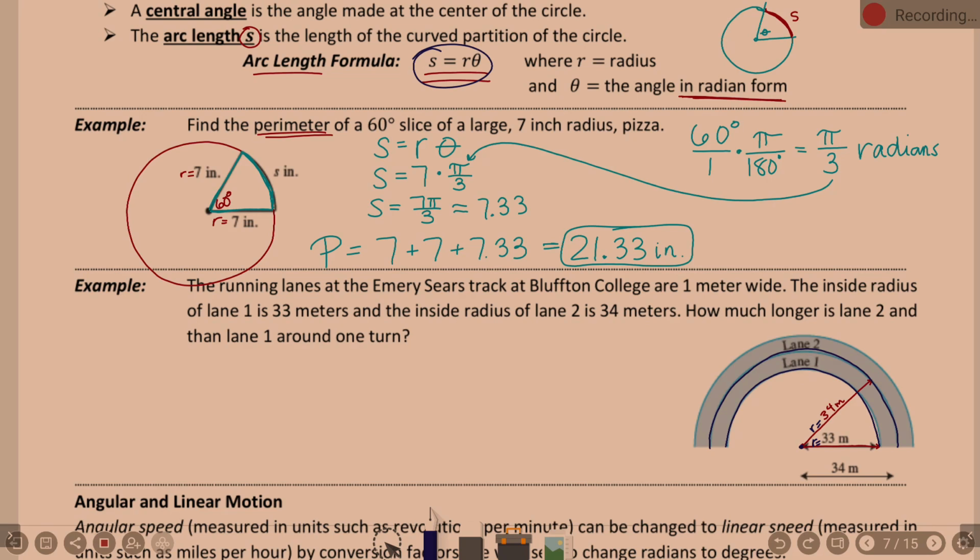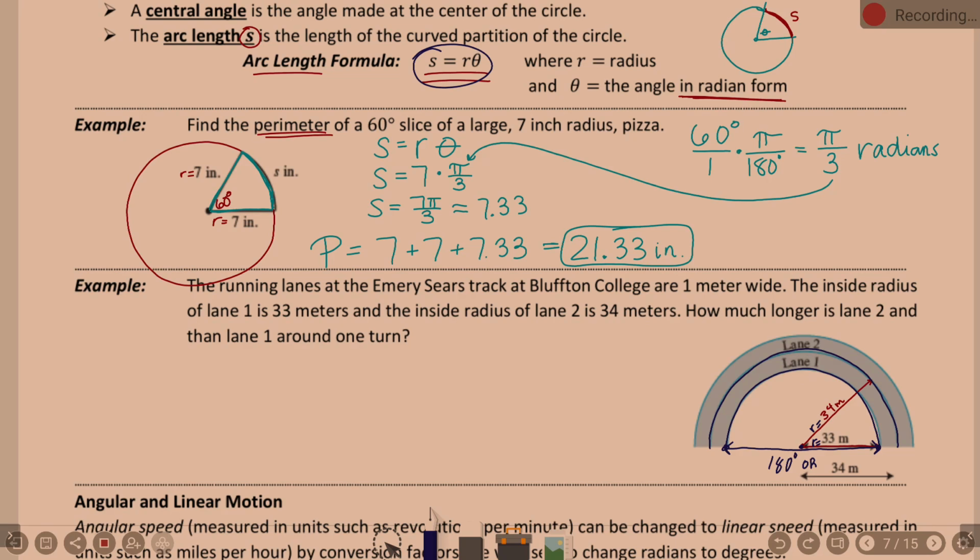If we're going from starting point here to ending point here, what is that angle? That is 180 degrees. Or what is 180 degrees the same as? Half a circle. Correct.